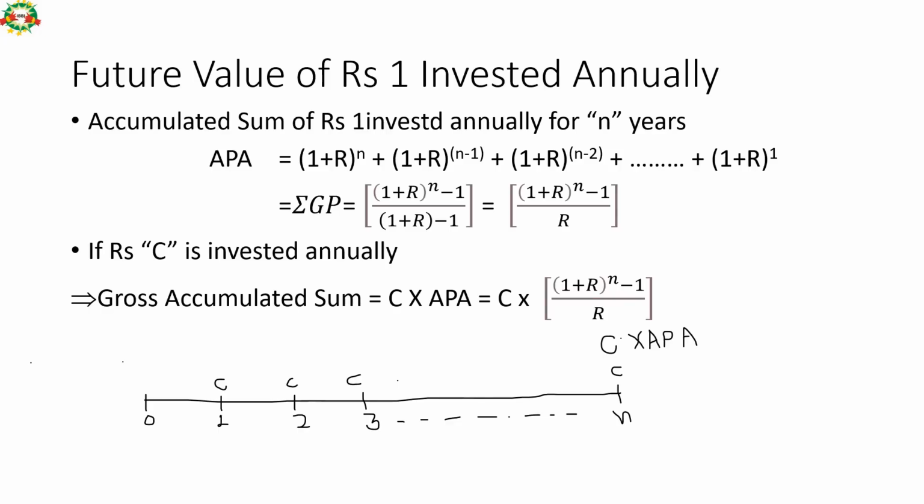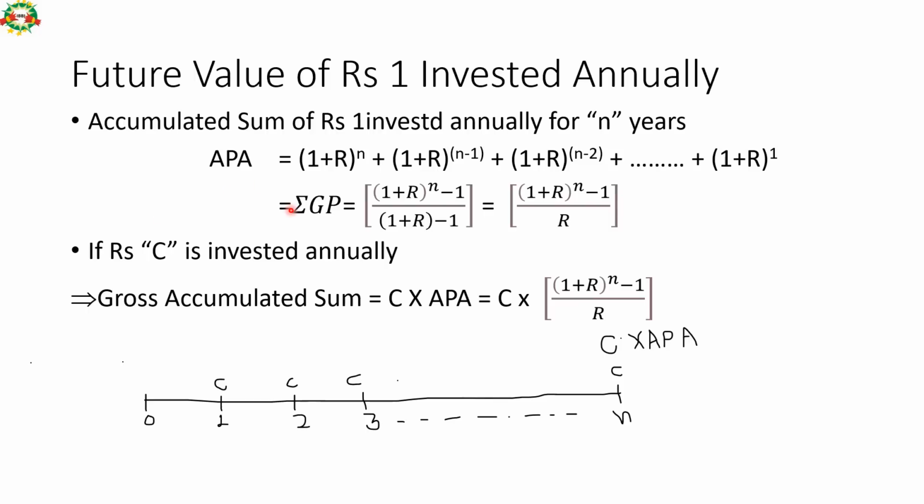Till now we have talked about present value and future value of 1 rupee invested once. Now we are talking about a series of payments. Like you invest 1 rupee every year for a certain number of years, then what will be the future value? It is nothing but a GP series, geometric progression, which we have learnt in class 8 or class 9.